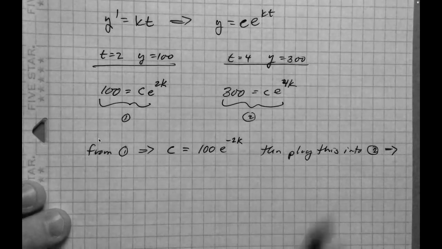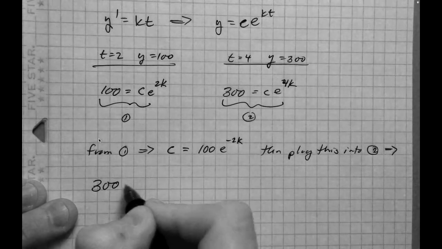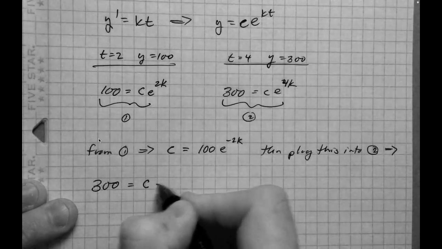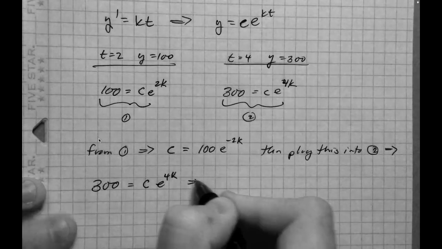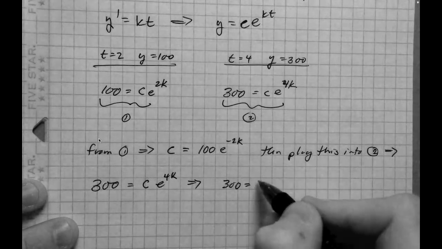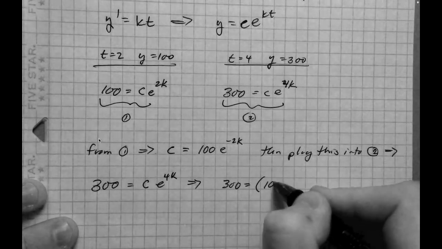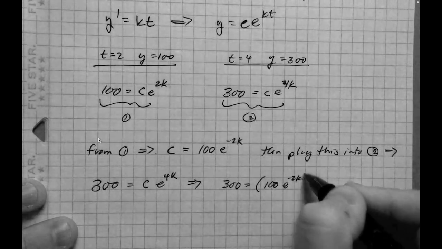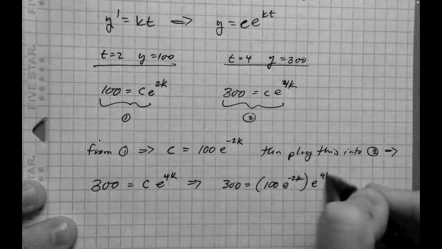So plugging that into 2, we start with 300 equals c e to the 4k. So that means 300 equals, instead of c, we'll put in our 100 e to the negative 2k times e to the 4k.